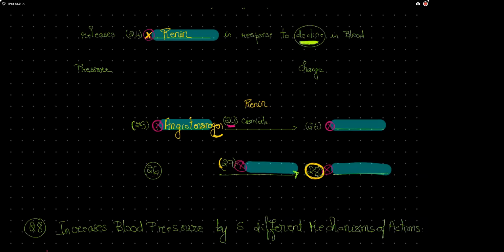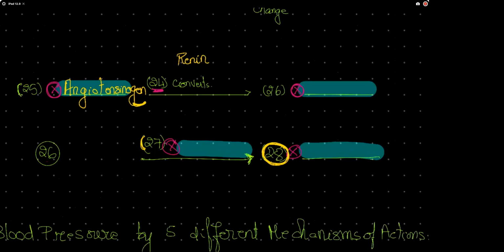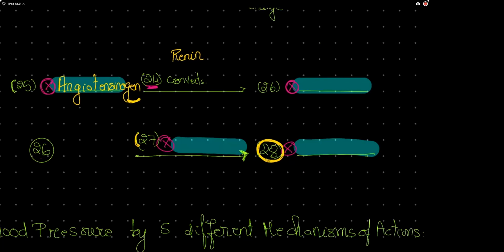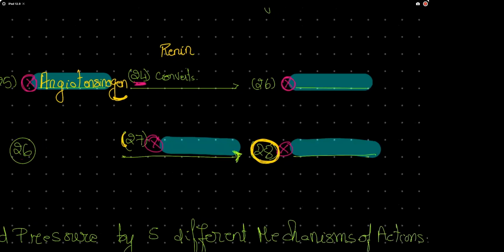It's not fully active. What is the partially activated form of the angiotensinogen after it gets partially activated by the renin? It's exactly angiotensin 1.